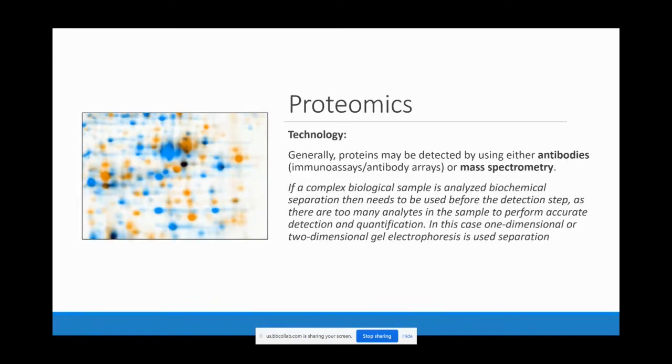Okay, so generally, proteins can be detected using, I'm going to say, general antibody technology. There's a lot of antibody technologies. These can sometimes be called immunoassays or antibody arrays.